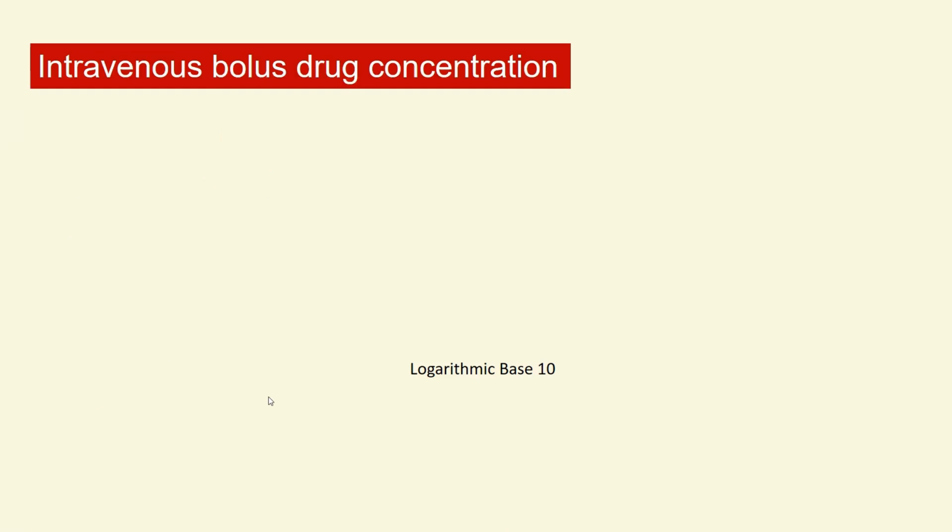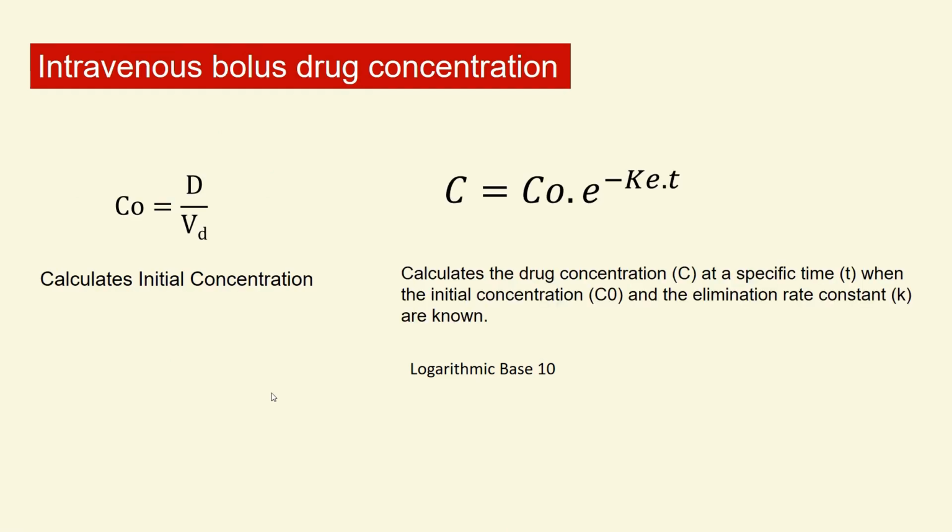All right, let's look at the next calculation, that is for bolus drug concentrations. There are two formulas here. One is for calculating initial drug concentration, which gives you dose divided by volume of distribution. And then there is this formula, which is the most frequently tested in the exam. It is used for calculating the drug concentration at a specific time when the initial concentration and elimination rate constant are known.